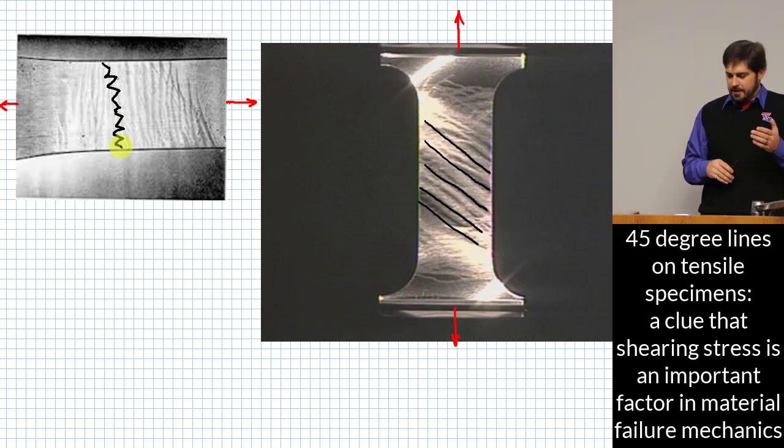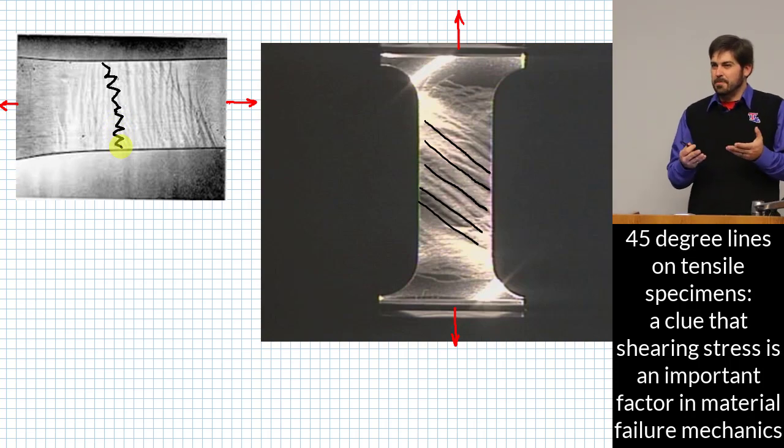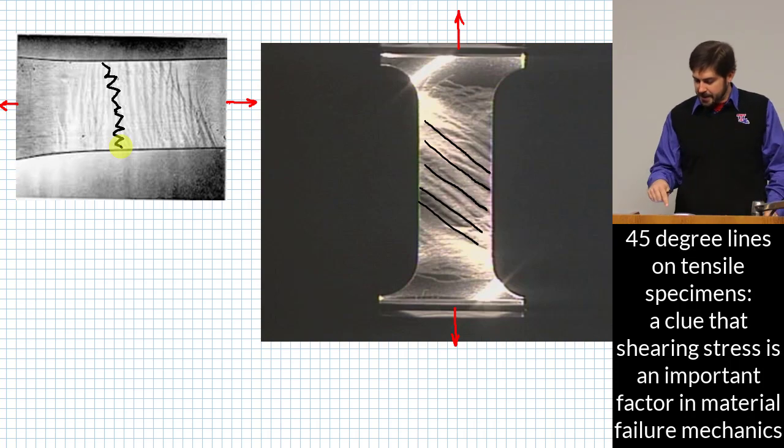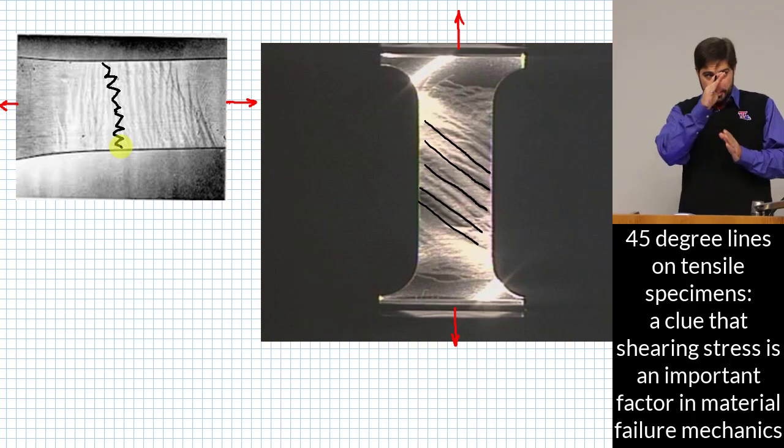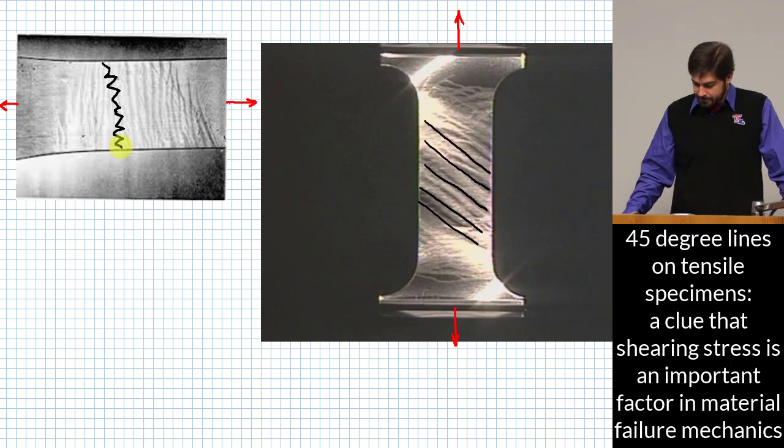Okay? When a piece of material begins to fail, a lot of times these lines start to show up, and these lines are sometimes known as slip planes. They basically start to slip, and they show these lines on the surface.